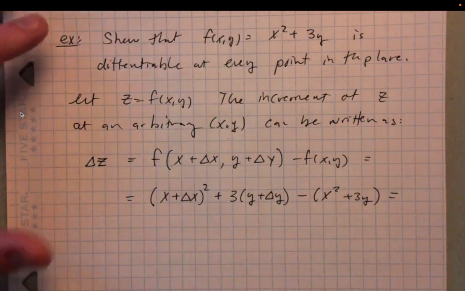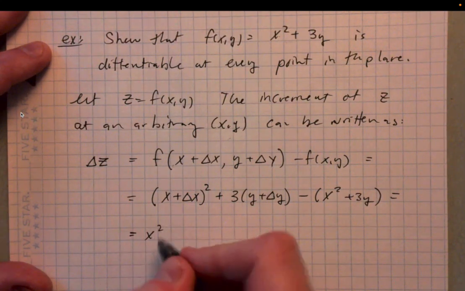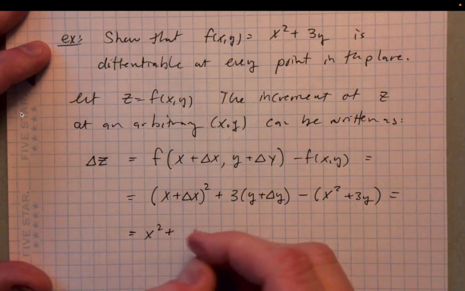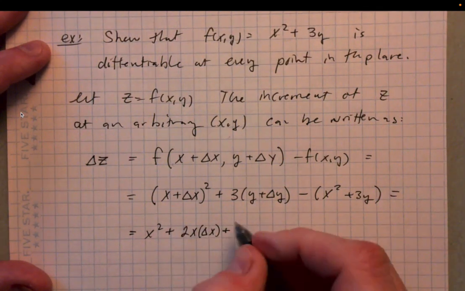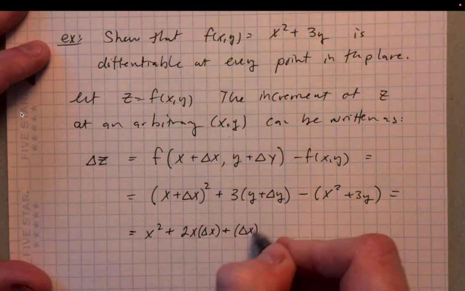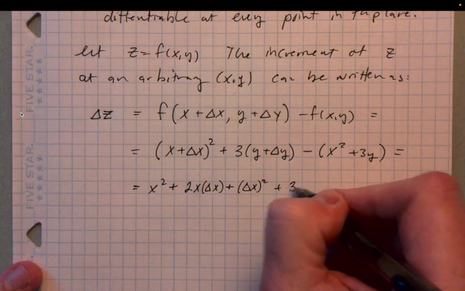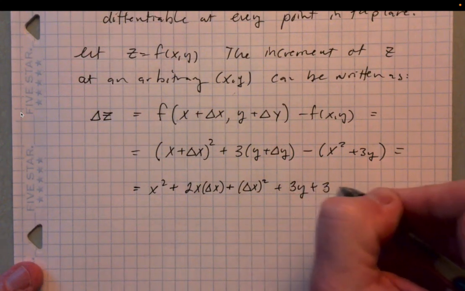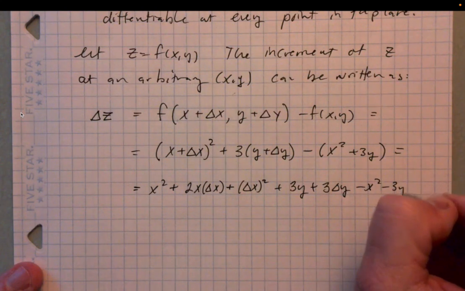Then we can expand this and we get x squared plus 2x times delta x plus delta x squared, just foiling out this term, plus 3y plus 3 delta y, and then minus x squared minus 3y.